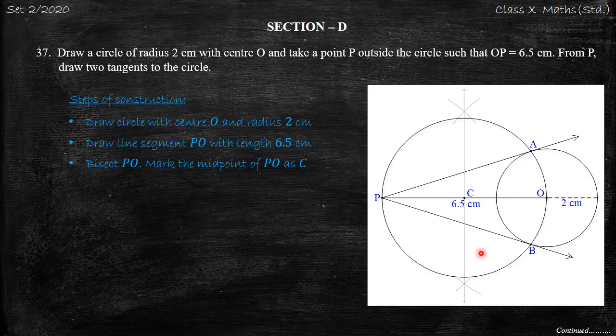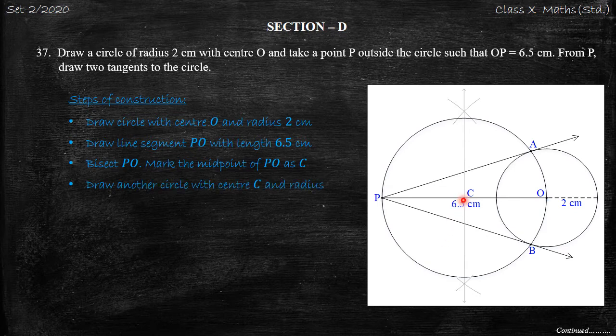How to draw the bisector? With the center P and O and radius more than half of PO, make some arcs on both sides of PO to intersect. So join this intersection point, you will get the bisector. Bisect means it is going through the midpoint of PO.